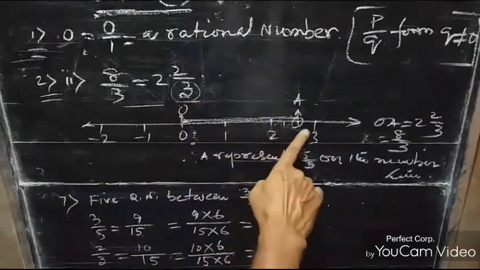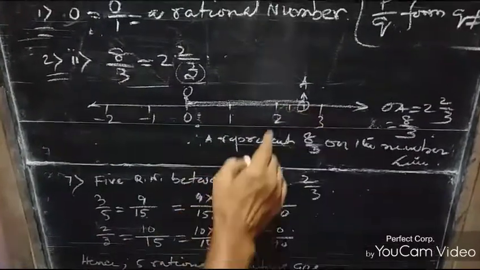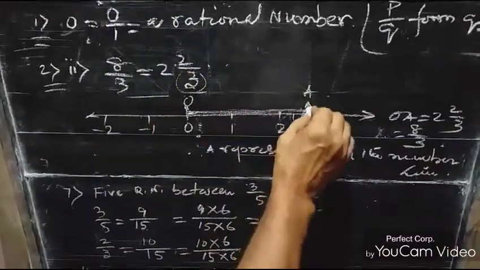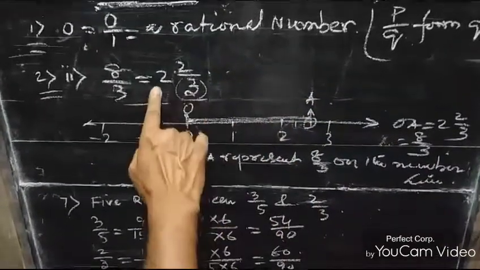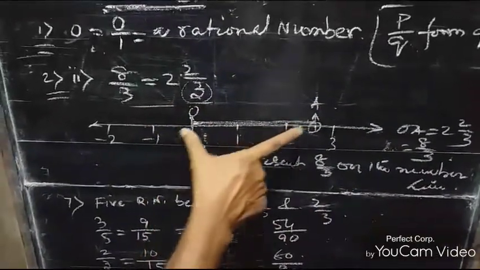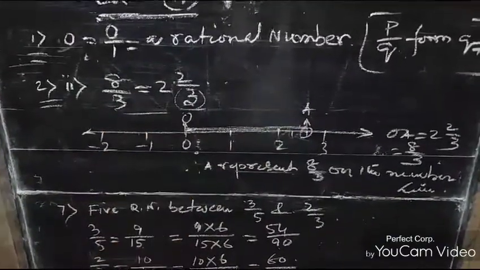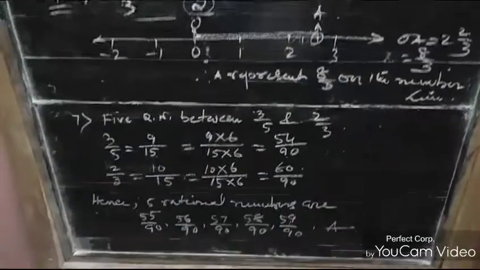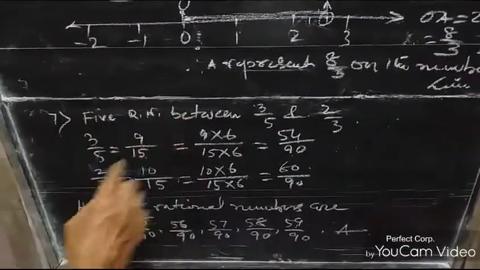So the number of parts will be 1, 2 and 3. Out of 3, this is 2, so this point A shows the number on the number line, or you can say OA is the length of this number on the number line.